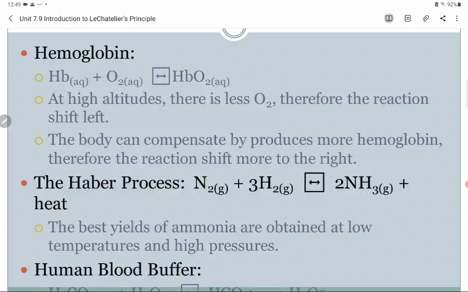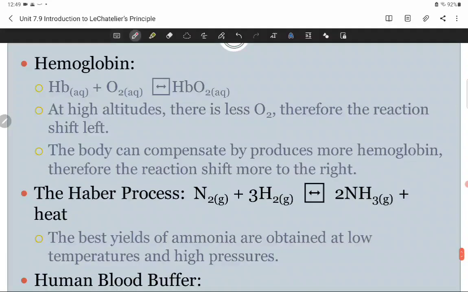So if you go to climb Mount Everest or any other high mountain at high altitudes, there's less O2, and that means you're going to shift the reaction that way. You need this in your bloodstream.